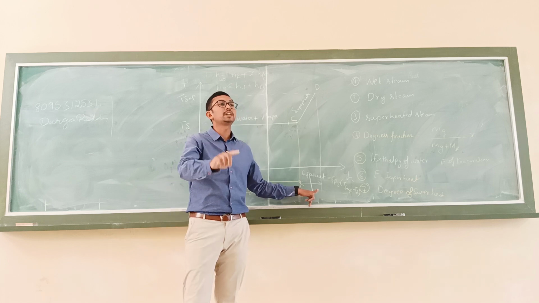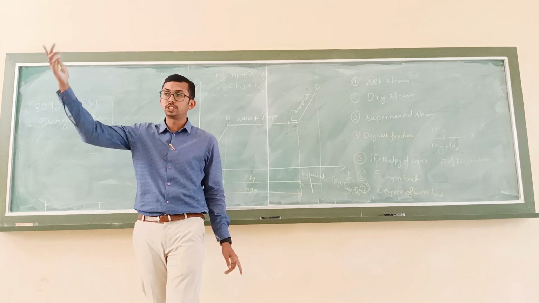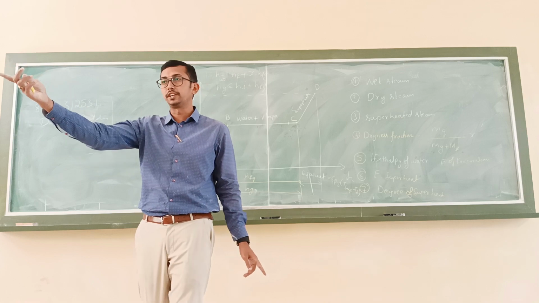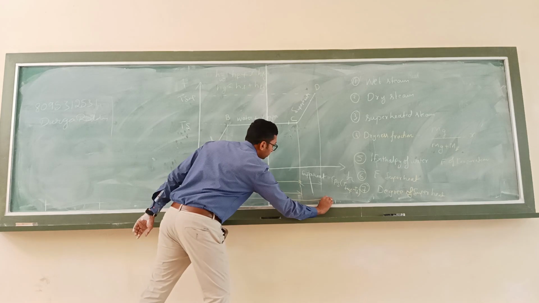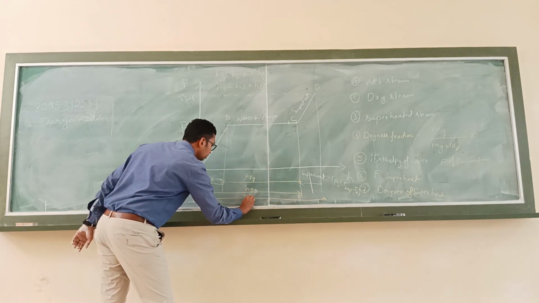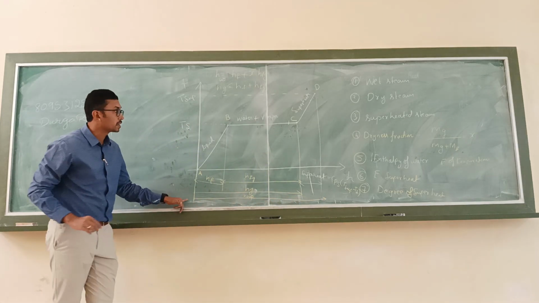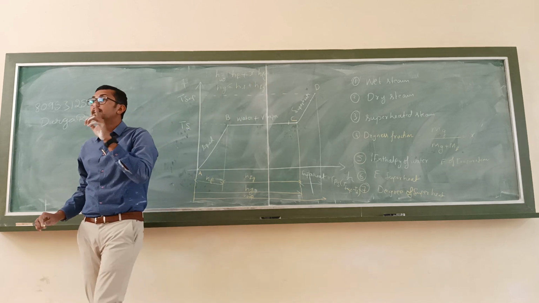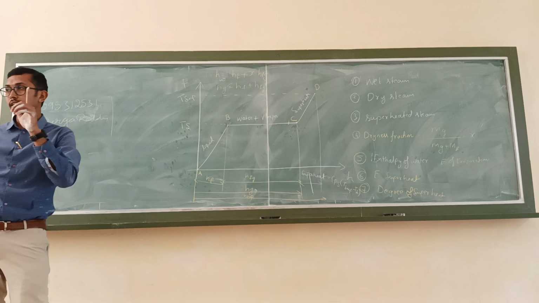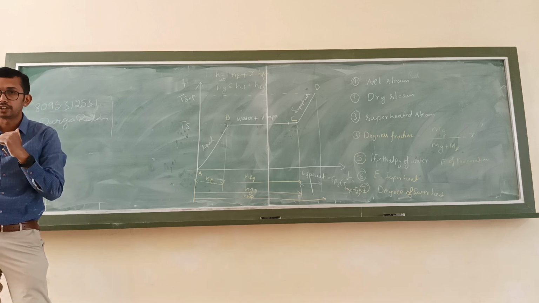There is a difference between enthalpy of superheated steam and enthalpy of superheat. What is the meaning of enthalpy of superheated steam? Consider from A to B. That is called as what? Enthalpy of superheated steam. What is the definition?